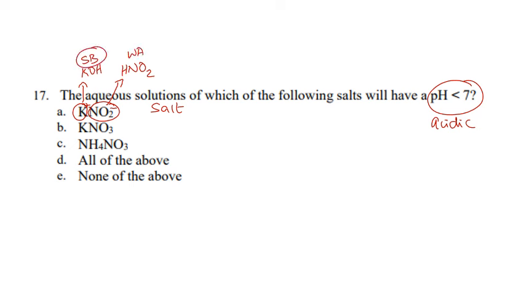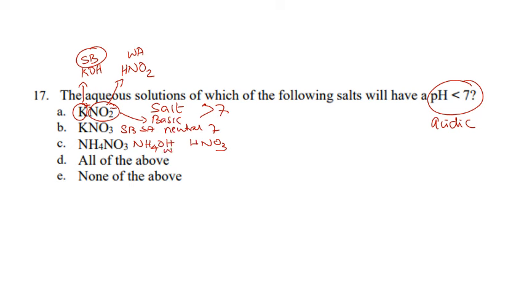Always strong wins. So the first salt is going to be a basic salt. And the second one, same way we can explain: KOH and HNO3. HNO3 is strong. So this is a strong base and strong acid, so that's going to be neutral. So the pH is going to be 7. For the basic, pH is going to be above 7. And this one is going to be NH4OH and HNO3.